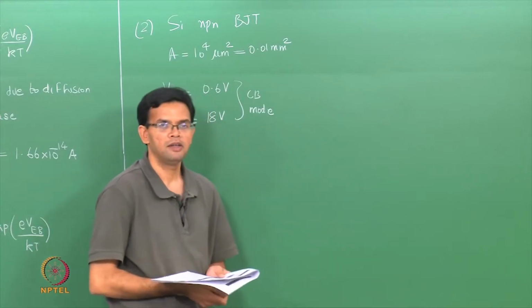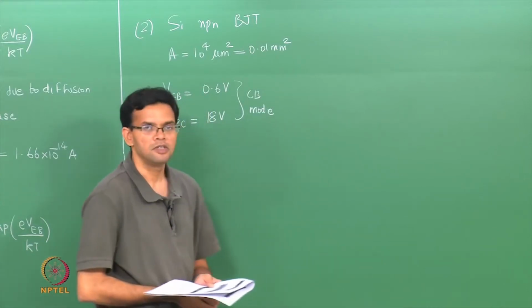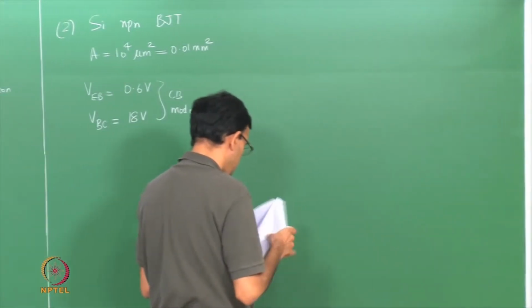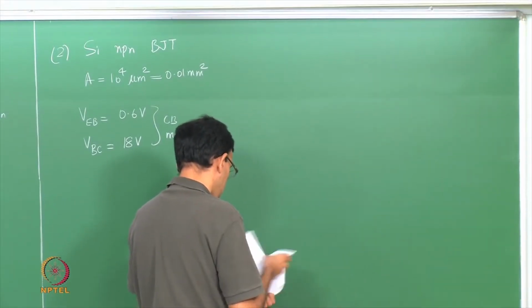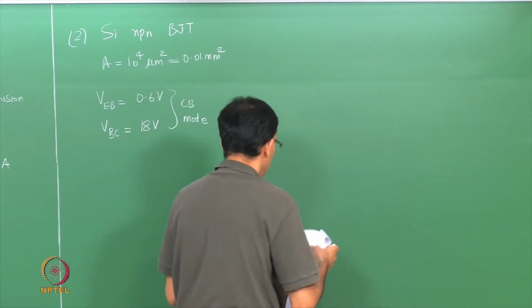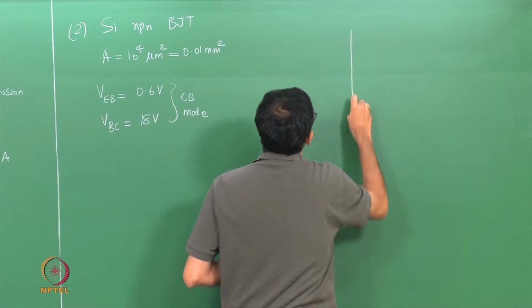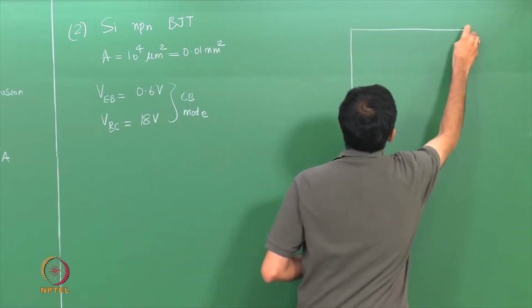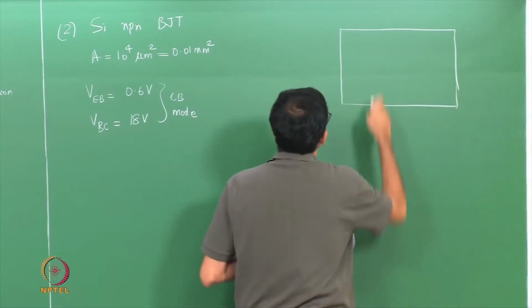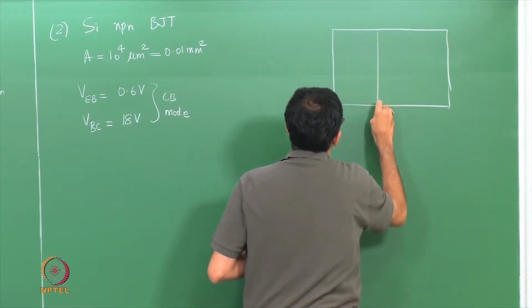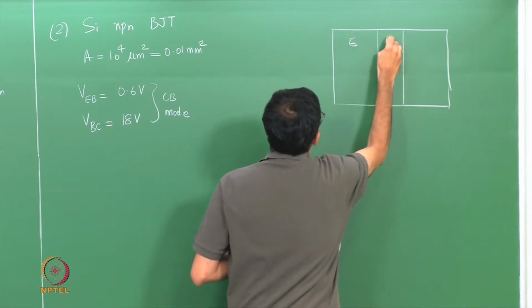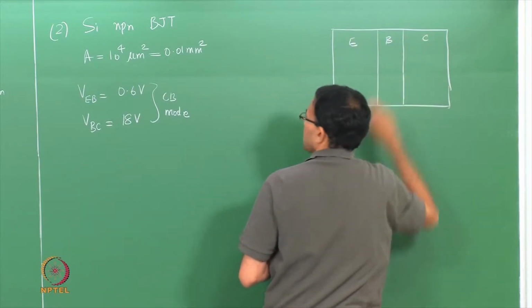We can go ahead and draw the schematic for this bipolar junction transistor as well. So, we have three regions, an emitter, a base and a collector.